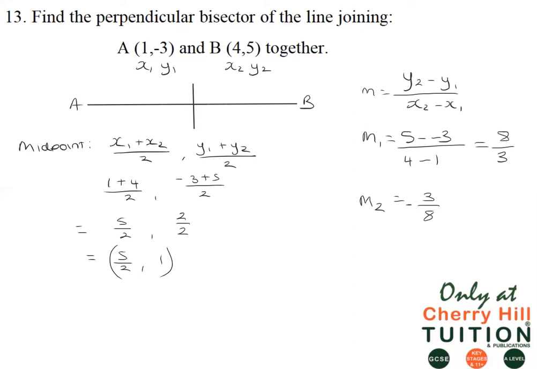So the midpoint is 5 over 2 and 1. That's our midpoint. Now, in order to use the equation of a line, let's just make this a little bit more clear. So the midpoint is 2.5 and 1. We can rub this out.